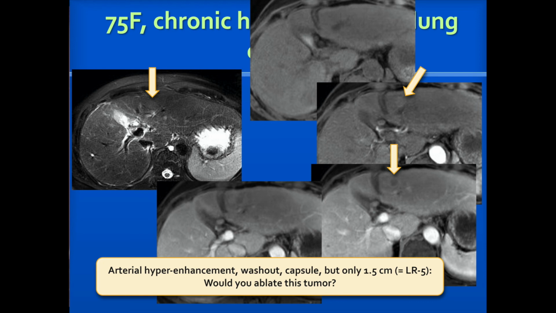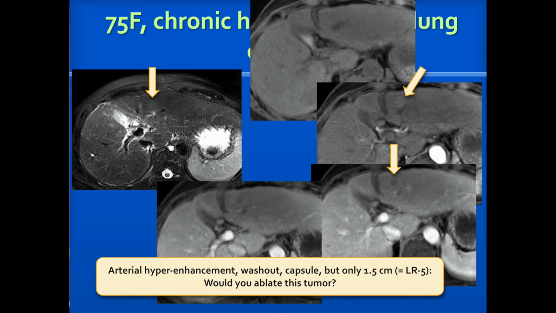And the answer is no, because lesions less than 2 centimeters in size, even if they are LI-RADS 5, or in OPTN it would be considered OPTN 5A, as a single lesion, that does not earn you MELD points. And if you ablate this lesion, the patient will never get exception points for transplant.